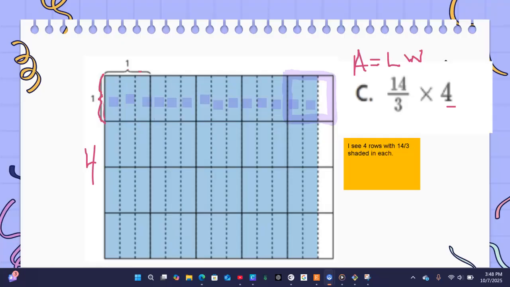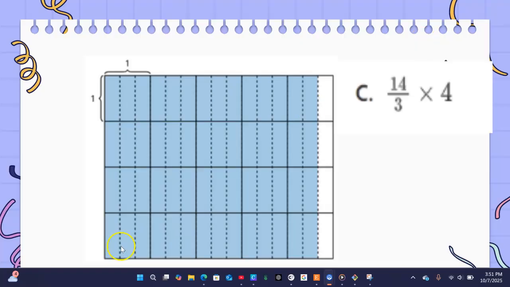Another student said, I see 14/3 4 times. It's another way that you can see that. All right, or you can explain that. Next one.